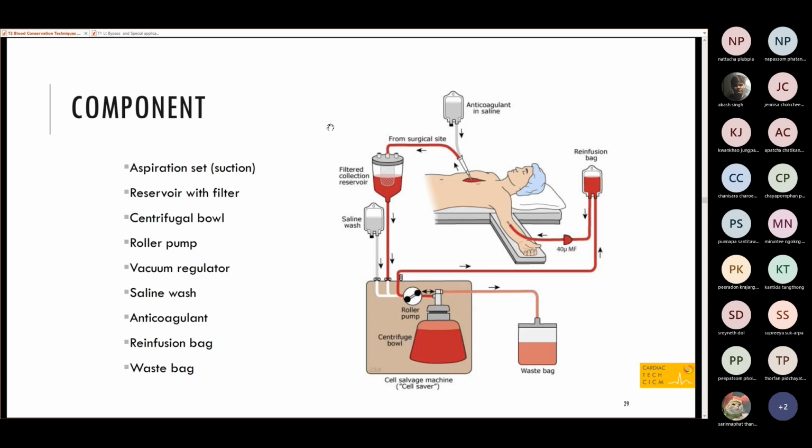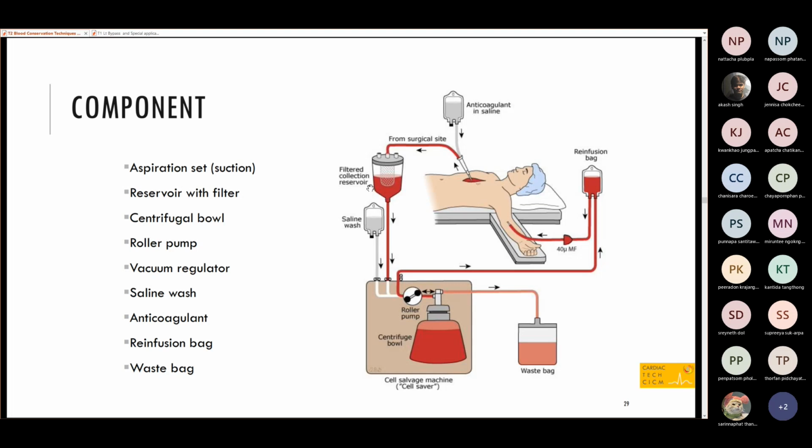So here is a good diagram to show you. The aspiration set or suction set is here, including the anticoagulant with saline, heparin and saline mixing in here to prevent the blood from clotting.